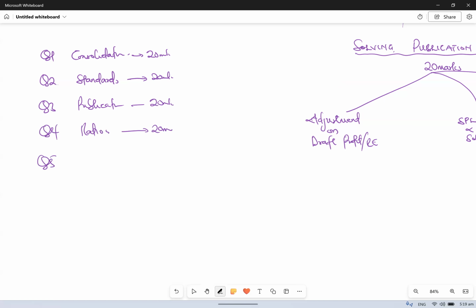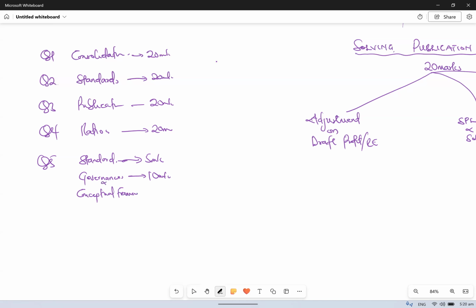So you have another standard over there. Then there's a standard for 5 marks there. You have issues of governance for 10 marks. Then you have issues about the conceptual framework, ethics, like those things.